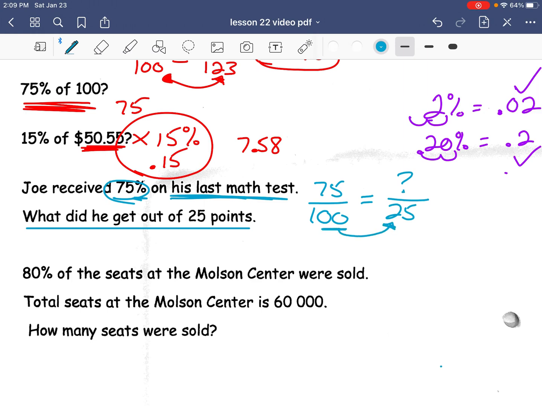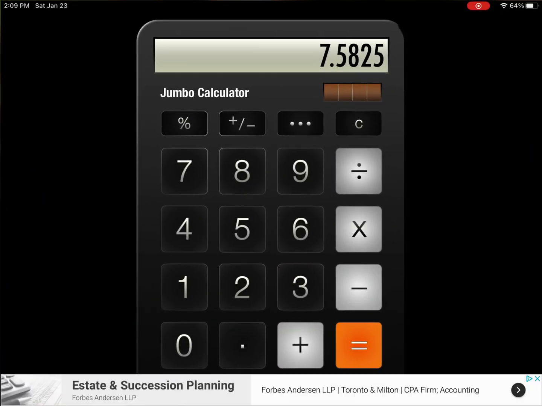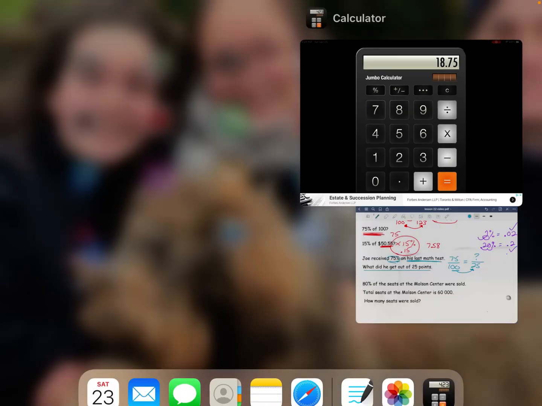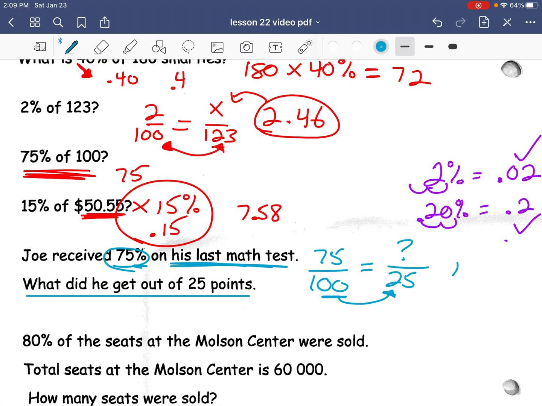Cross multiply and divide. So 25 times 75%, it gives you 18.75. So that's what you got on a test. I would definitely give you 19 out of 25 for your mark there, okay?